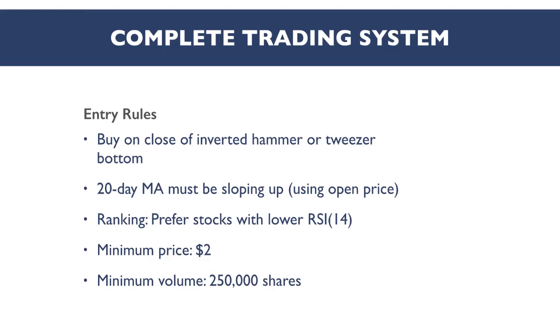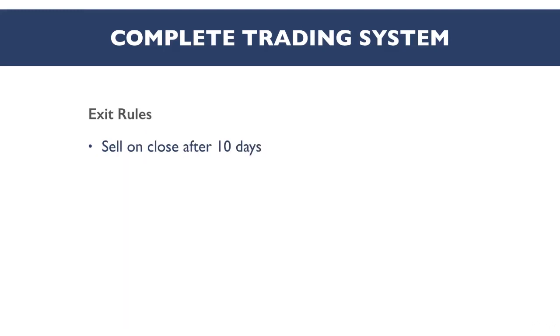Finally, we want this to be a realistic test, so we're going to avoid illiquid stocks by ignoring any stocks that are priced under $2 per share, and we're going to ignore any stocks with an average volume under 250,000 shares. The system is then going to sell after 10 trading days on the close. Again, this is a portfolio system, so we'll be able to hold a maximum of 10 stocks at any time that meet the buy rules.